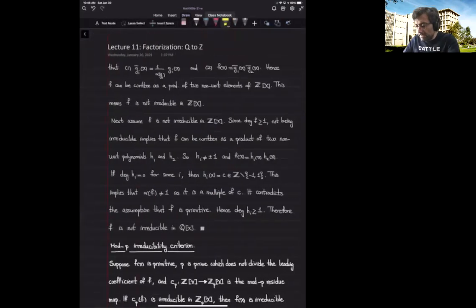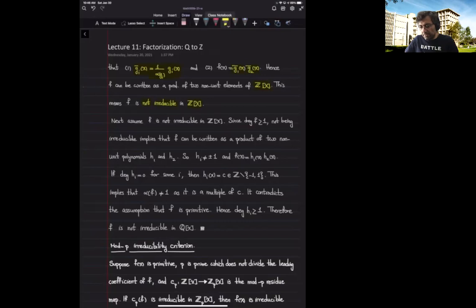I get that f is g sub 1 bar times g sub 2 bar, and the g sub i bars have the same degree. In fact, each one of them is a scalar multiple of the original g sub i. So g sub i bar has the same degree, and therefore it has positive degree. So I'm writing f as a product of two non-constant polynomials in Z bracket x, and therefore it cannot be irreducible. And that's exactly what we wanted to show.